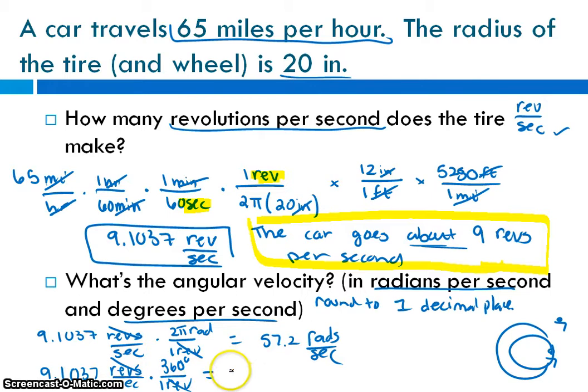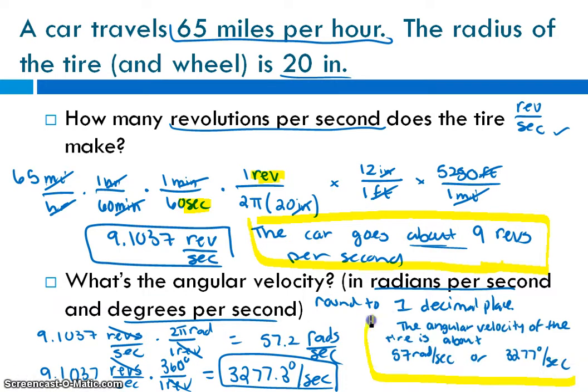We're going to have our answer in degrees, which is 3,277.3 degrees per second. And again, round it to 1 decimal point. And we are going to have a sentence answer. Okay, so I went ahead and wrote a sentence, and I just said the angular velocity of the tire is about 57 radians per second, or 3,277 degrees per second.